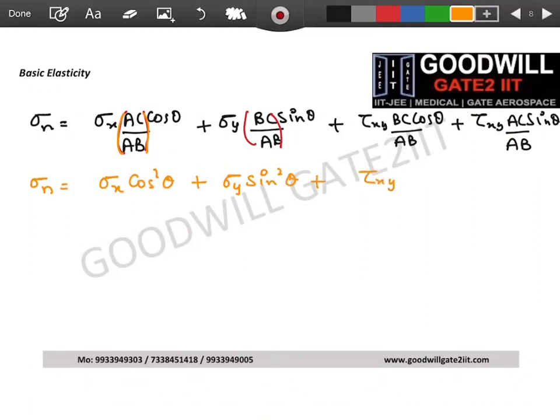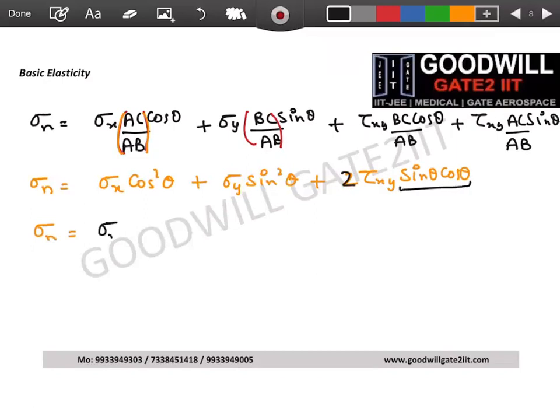BC by AC is sine theta, so this becomes sine theta cos theta. The second term also becomes sine theta cos theta, so I'm simply writing this as 2. Last step: 2 sine theta cos theta is nothing but sine 2 theta.